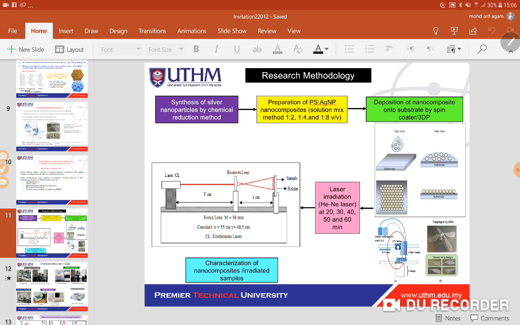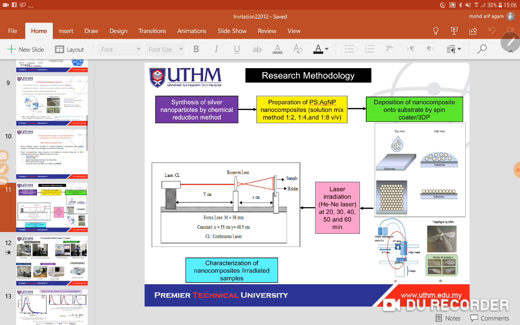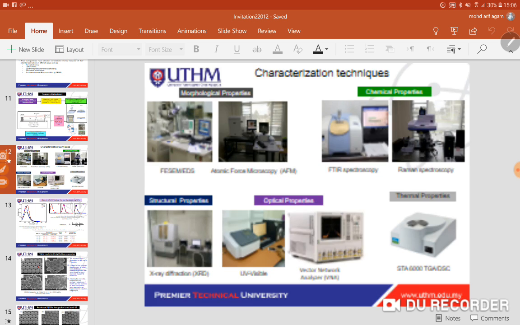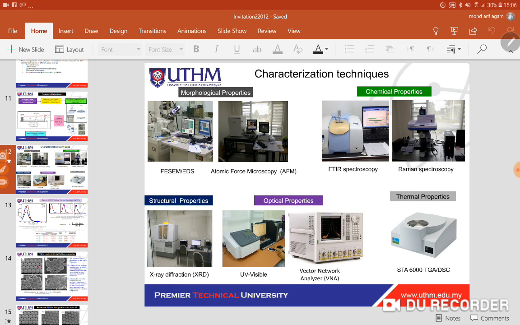that these new composites can be easily deposited to become nanoparticles, okay, nanospheres. And when we put it onto the substrate on silicon, we can bombard it with laser, and therefore when we bombard it with laser, we want to know which part of this polystyrene is able to be modified. And this is some of the equipment that we use: FESEM, AFM, that is for morphology.